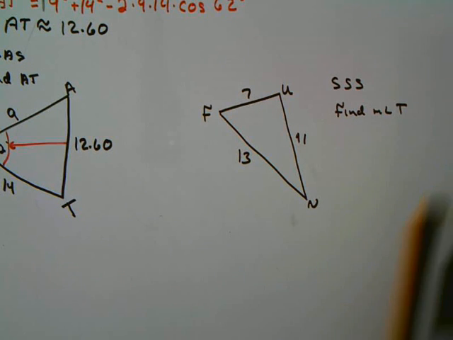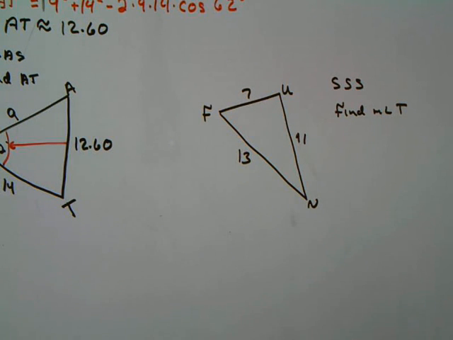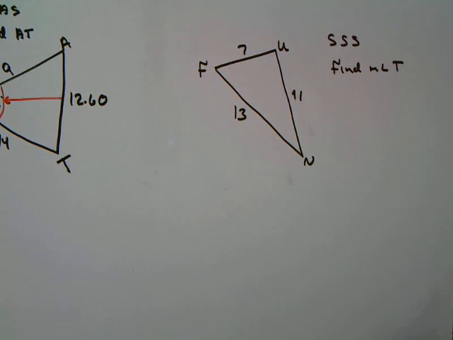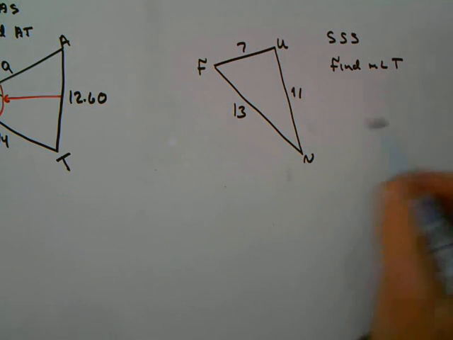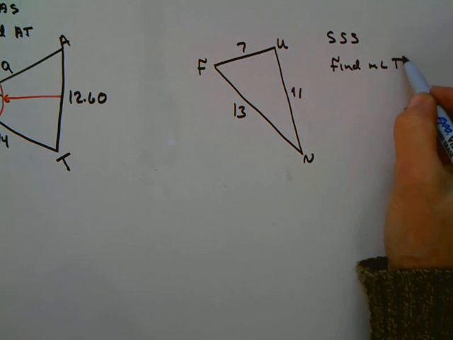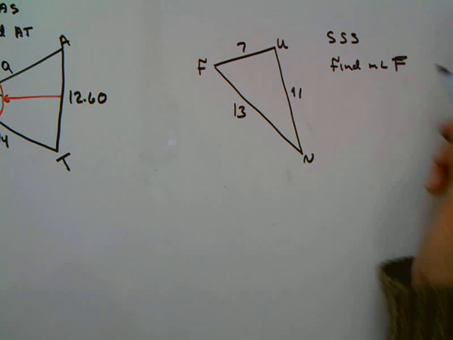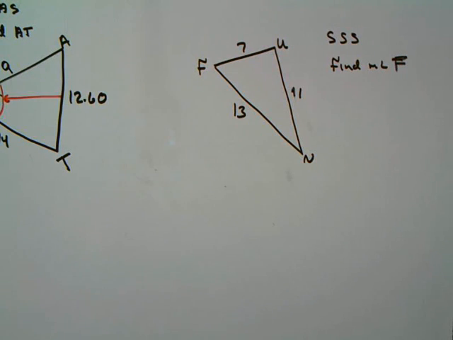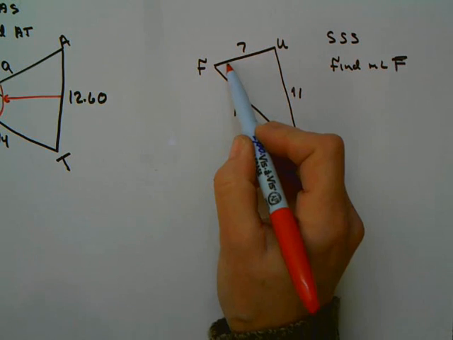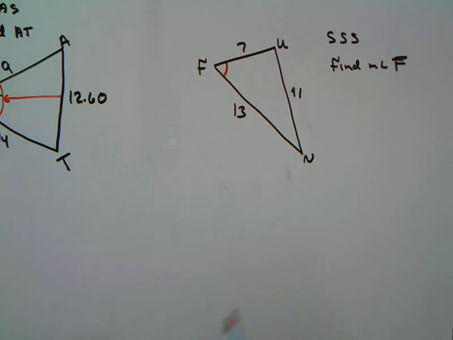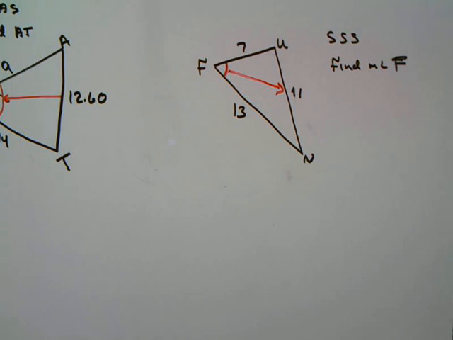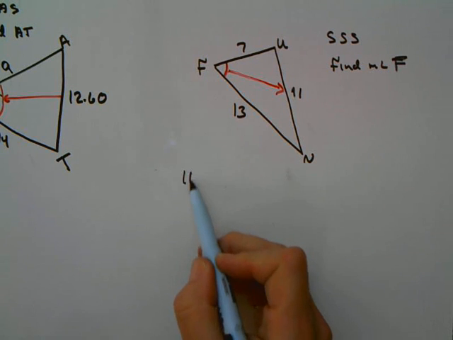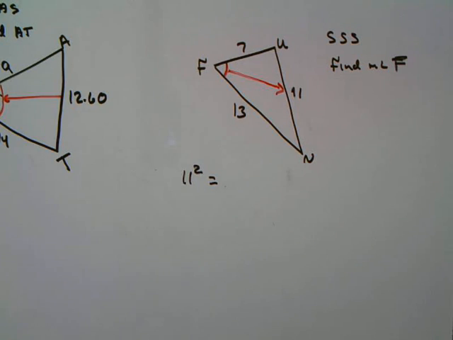Angle measures, a little trickier. If I have the sides and I want the angle, let's say I want angle F. What I'm going to do is ask what side length is across from angle F. And that's the side that will go on the left of the equal sign, 11 squared.